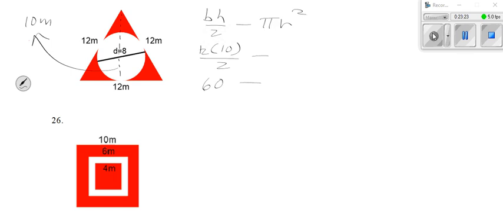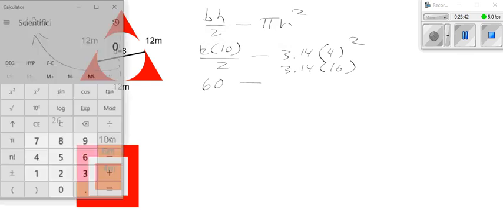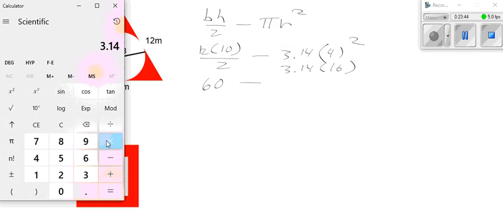But we do have to take away a circle, which is pi, 3.14, multiplied by the radius. If the diameter of that circle is 8, then we know our radius there is 4. So we're going to put 4 squared, or 3.14 multiplied by 16, which is, if I take my calculator, 3.14 multiplied by 16 is 50.24.